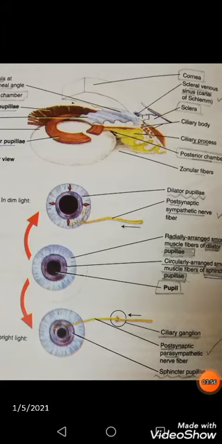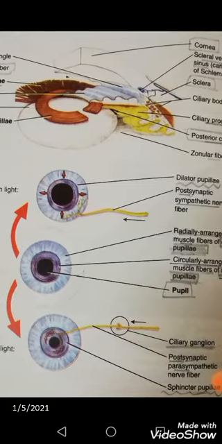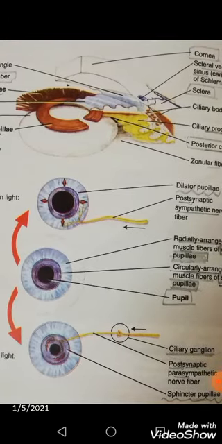In this very diagram, you can see two involuntary muscles which you call the dilator pupillae and the sphincter pupillae. They are both involuntary, as I told you. They have to control the size of the pupil.